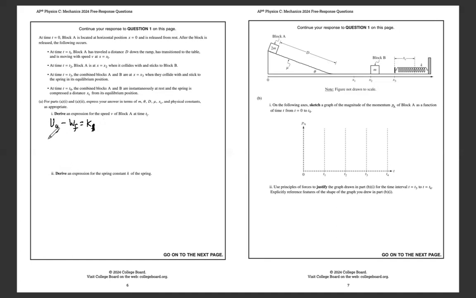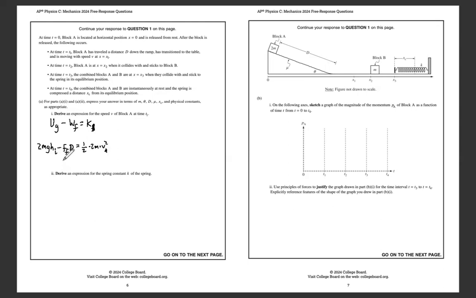So I get 2m times g times the initial height minus the work done by friction, which is the friction force multiplied by the displacement d, is going to equal 1/2 times 2m multiplied by v squared.